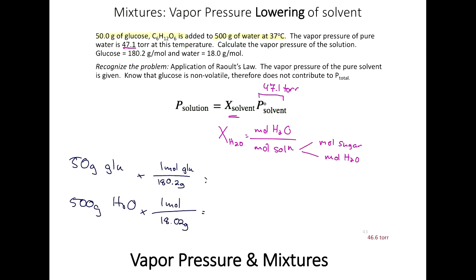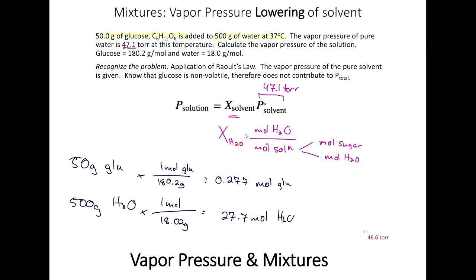And so we see this sample is comprised of 0.277 moles of glucose and 27.7 moles of water. All right, so those are my mole amounts.